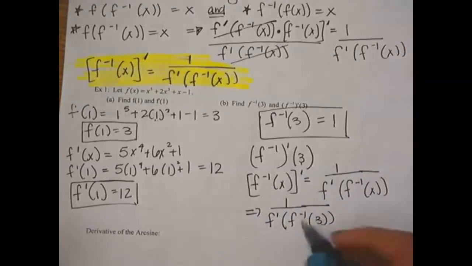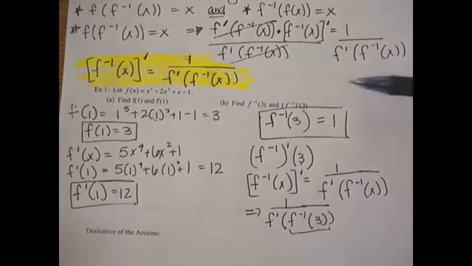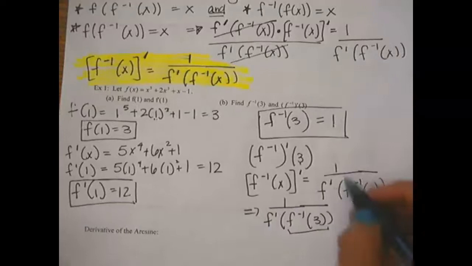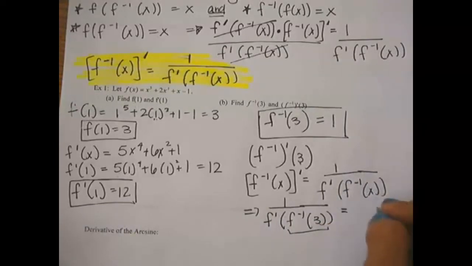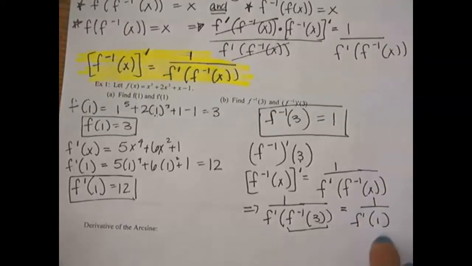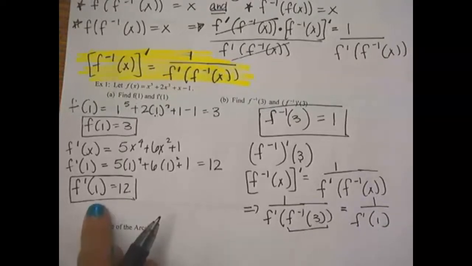Well, I kind of know what that is. I found that right there. F inverse of 3 is 1. So this is really now 1 over f prime of 1. Right? So that's the inner component. And now I need to find out what the derivative at 1 is. Oh my gosh, it's right there.